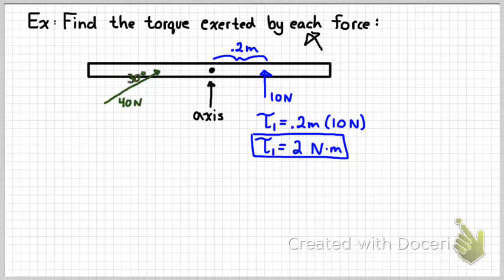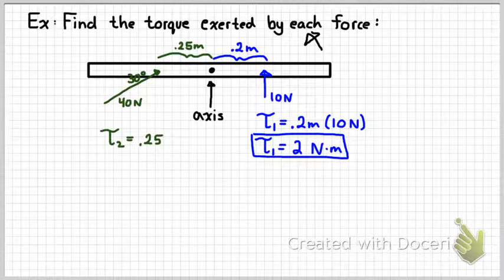If we apply another force over here, like a 40 newton force at a 30-degree angle relative to the bar, 0.25 meters away from the axis, we can find the torque, but we first have to figure out what the perpendicular component of that force is.